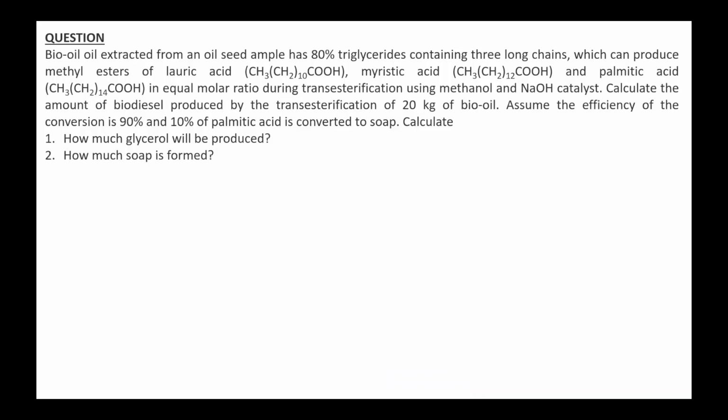Calculate the amount of biodiesel produced by the transesterification reaction of 20 kgs of bio-oil. Assume that the efficiency of the conversion is 90% and 10% of palmitic acid is converted to soap. Calculate how much glycerol will be produced and how much soap is formed.